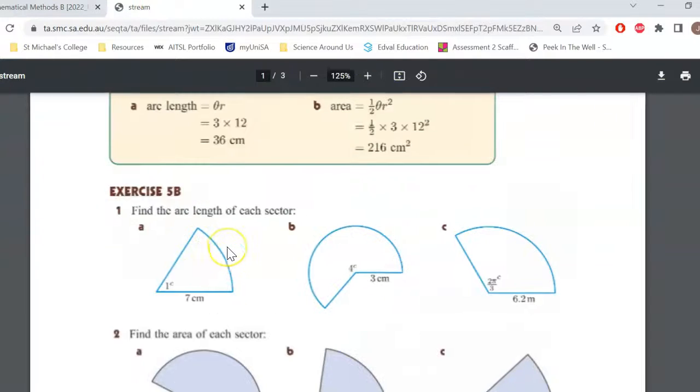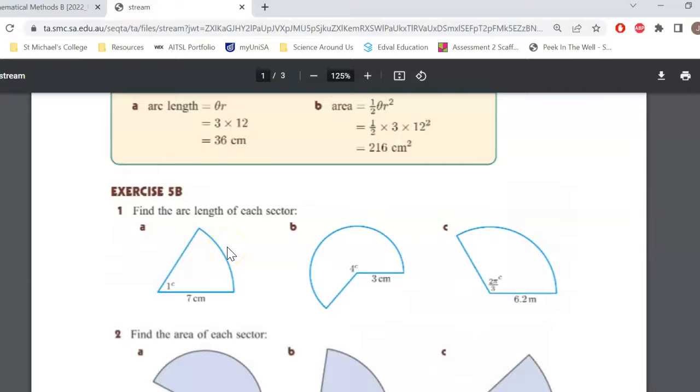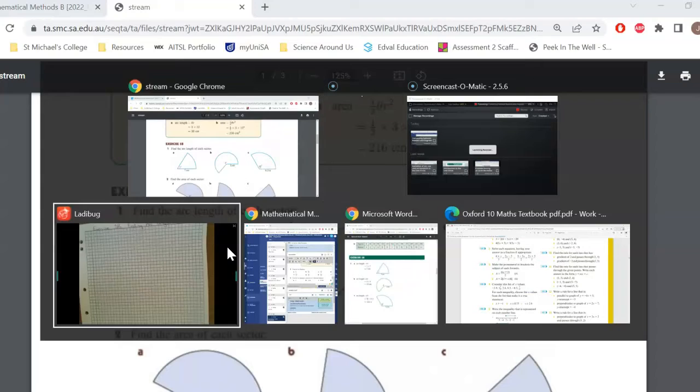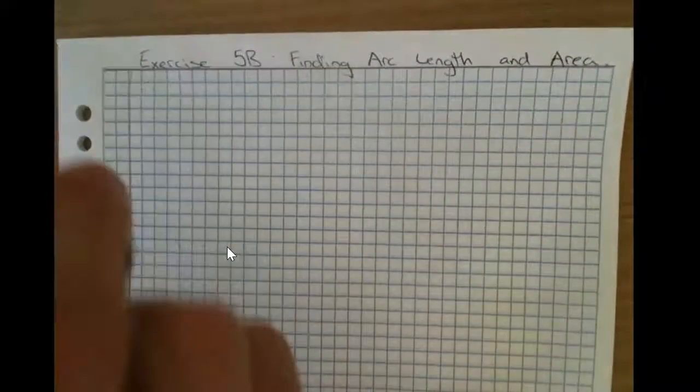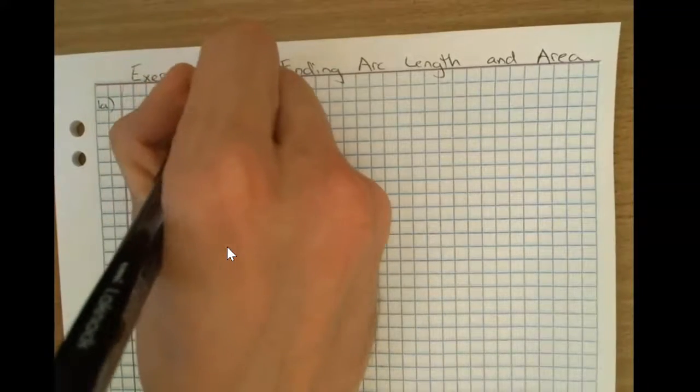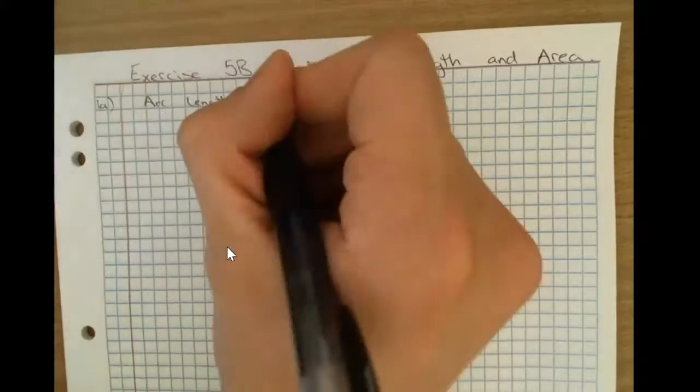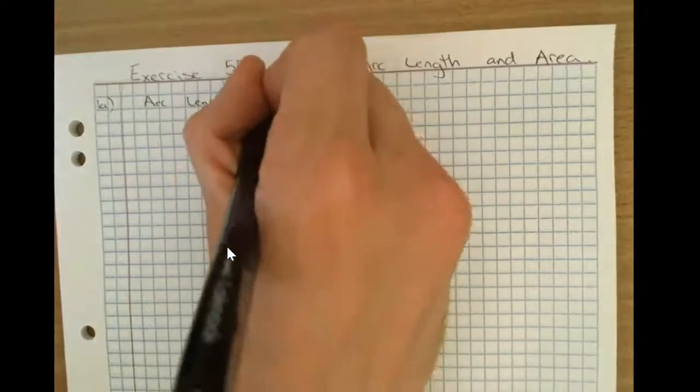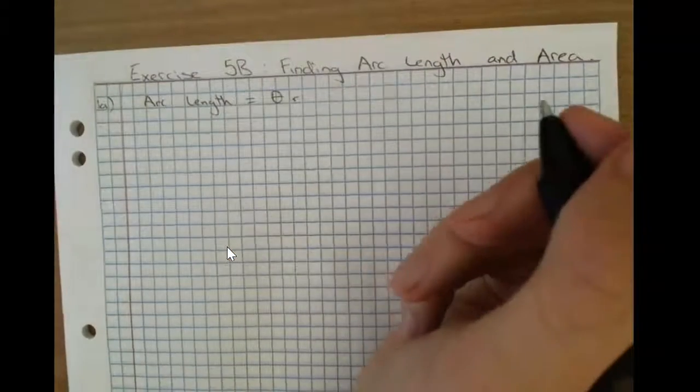Okay, so if I'm asked to find the arc length of each of the following shapes, remember, arc length when working in radians is equal to theta times r.